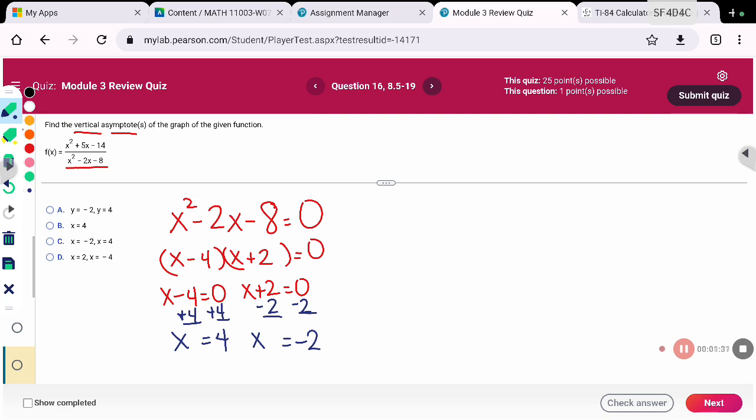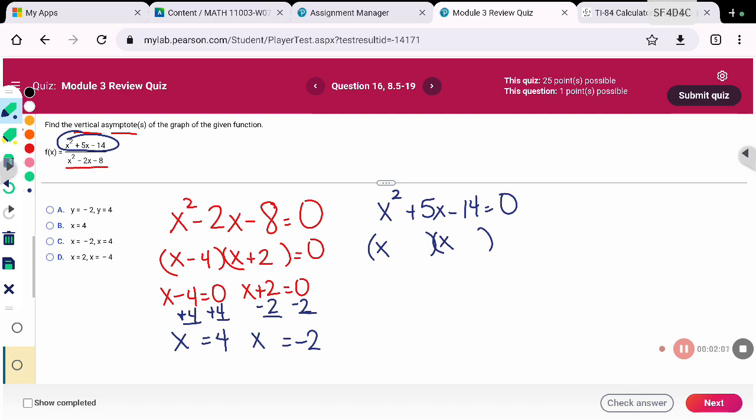Now remember, there is a disclaimer that your vertical asymptotes are the zeros of the denominator that are not also zeros of the numerator. So I need to make sure that 4 or negative 2, neither one are zeros of that numerator also. So I will factor it. So again, x and x for x squared.